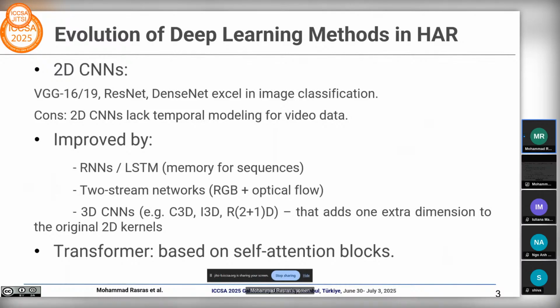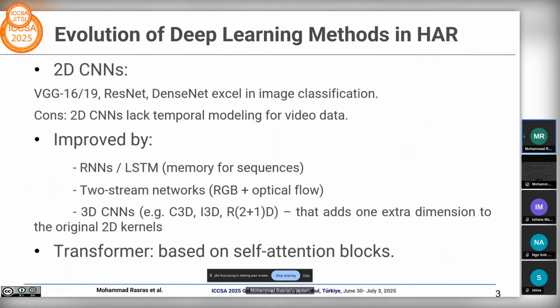Those image classification models were then applied to video to detect human actions. But unfortunately, the 2D CNN lacked temporal modeling for video data, and this led to a drop in accuracy. The accuracy achieved on images was much higher than on videos.